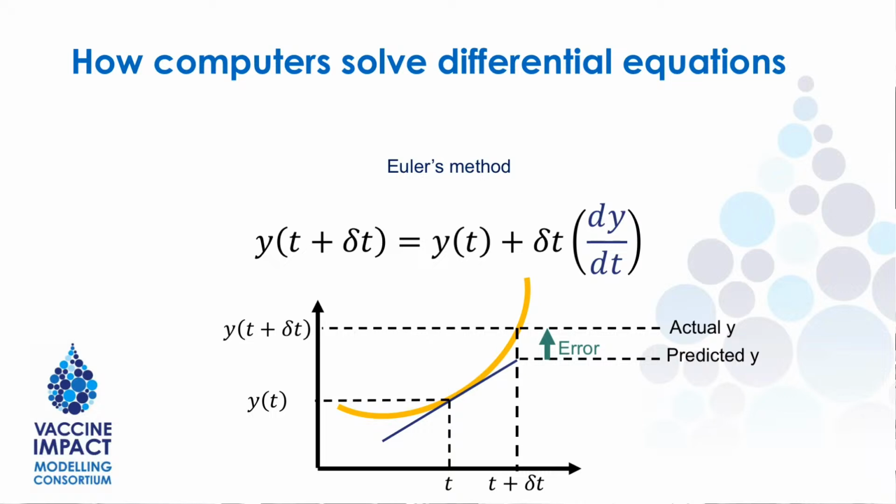Methods have improved, and the reason they've improved is because as we do this approach, obviously there's a bit of an error between our straight line and our curve. So from what we predict by using this method, and then the actual y there as well. But essentially, with some variations, your computer is going back to that definition of a derivative and then using that to approximate how your differential equation changes for each time step.